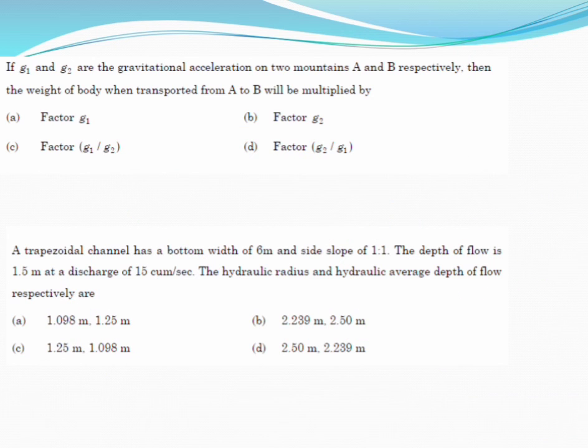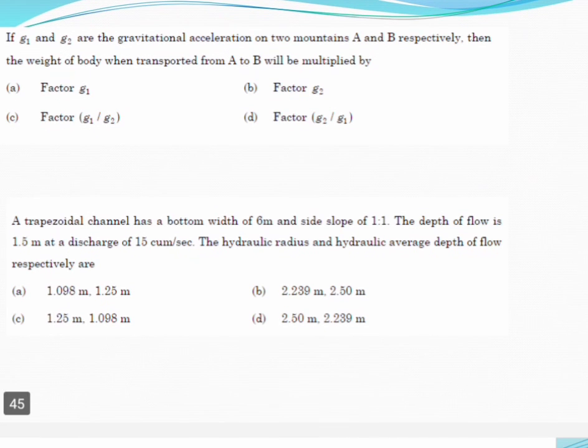So the correct option will be option D, a factor of G2 by G1.